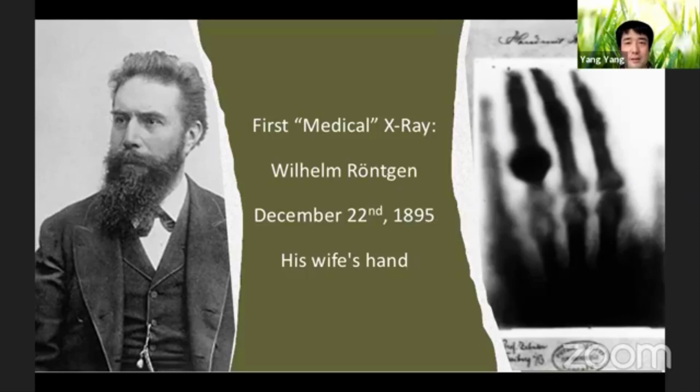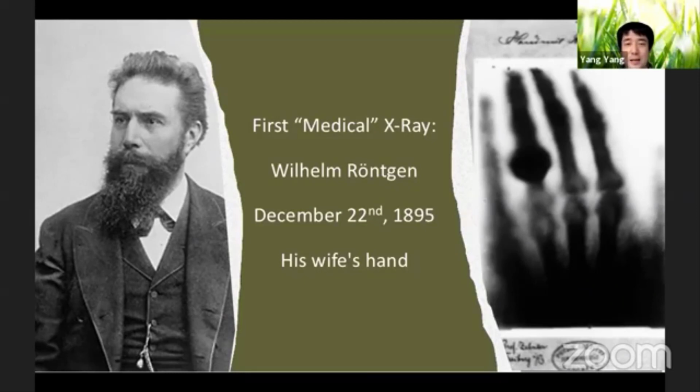Now, Röntgen discovered this X-ray, and someday he showed this to his wife. So he placed his wife's hand below the X-ray source. And then on the other side, they see an image like this. And on this image, we can see clearly the bones, even the joints.